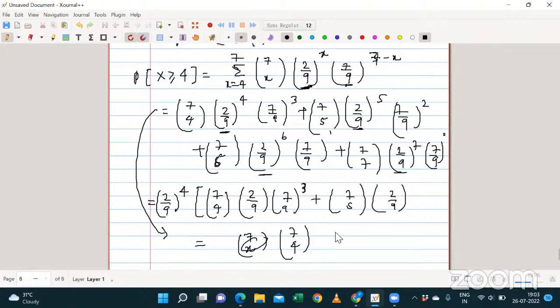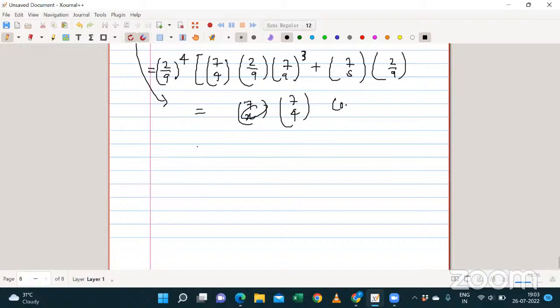For 2/9, I can write 2. This is nothing but just calculation, but it's better to calculate every term. Anyhow, we have to do that calculation.